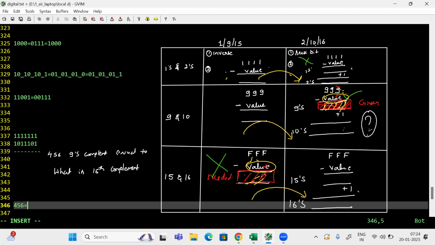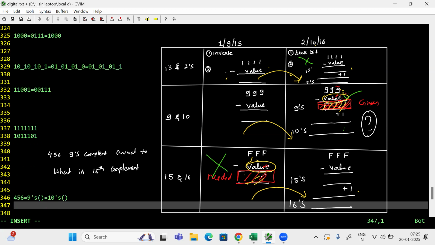456. 9 watt 10 watt. Then 45. What are your nines?